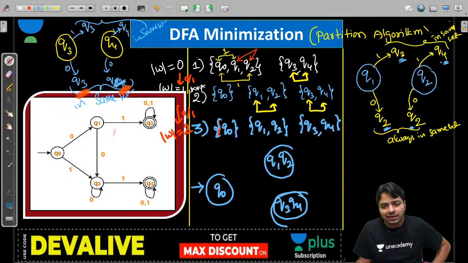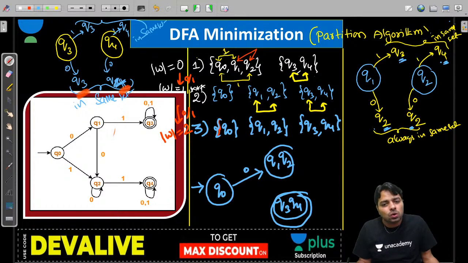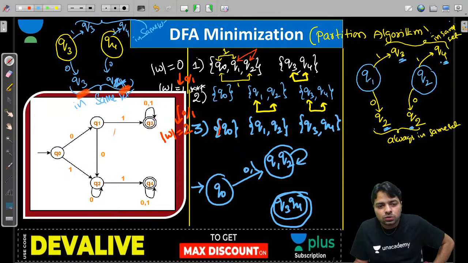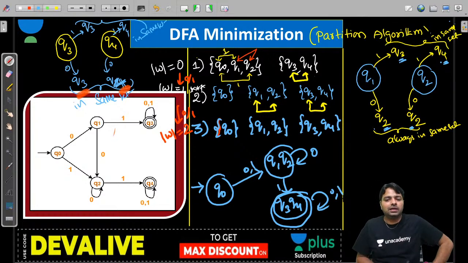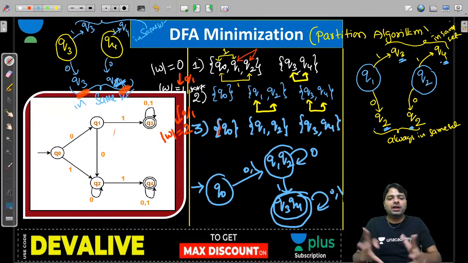Q3, Q4 are finals. Q0 on 0 goes to Q1, and the same goes to Q2, doesn't matter. And Q0 on 1 goes to the same. Q1, Q2 on 0 has a self loop. On 1 it goes to final. And Q3, Q4 on 0, 1 go to final. So this is the final DFA. So 3 states in the minimum DFA, guys.